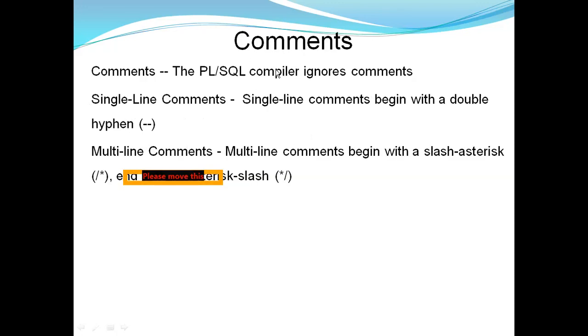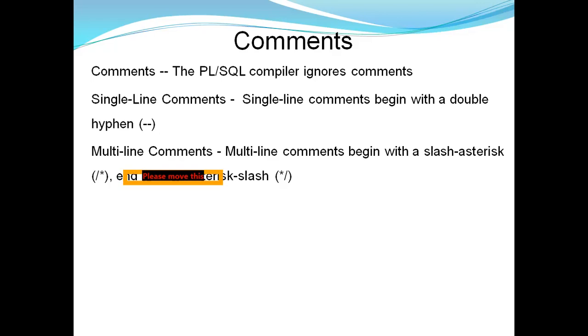Comments. Now, let's talk about the comments. If you are familiar with programming languages, you know very well that a comment is used for giving information to the developer, not for the machine. So that thing is considered as a comment.